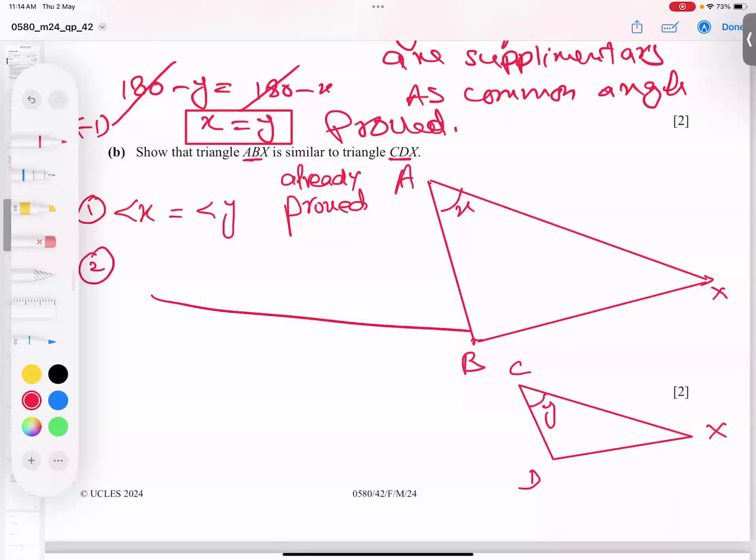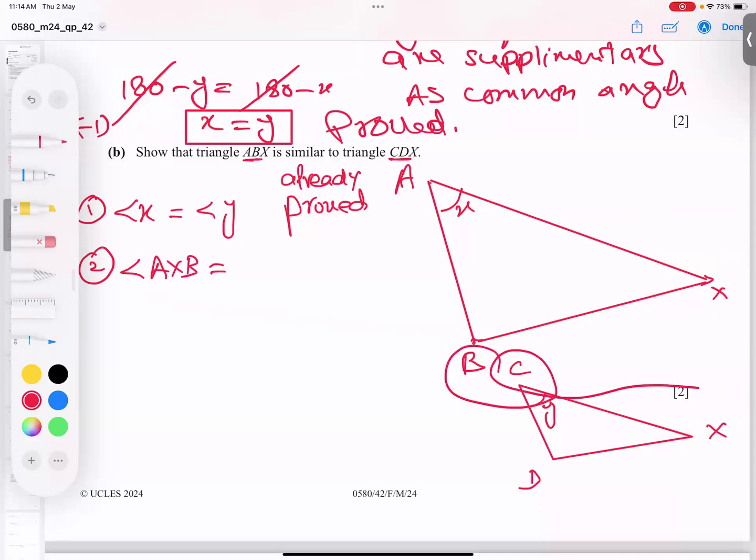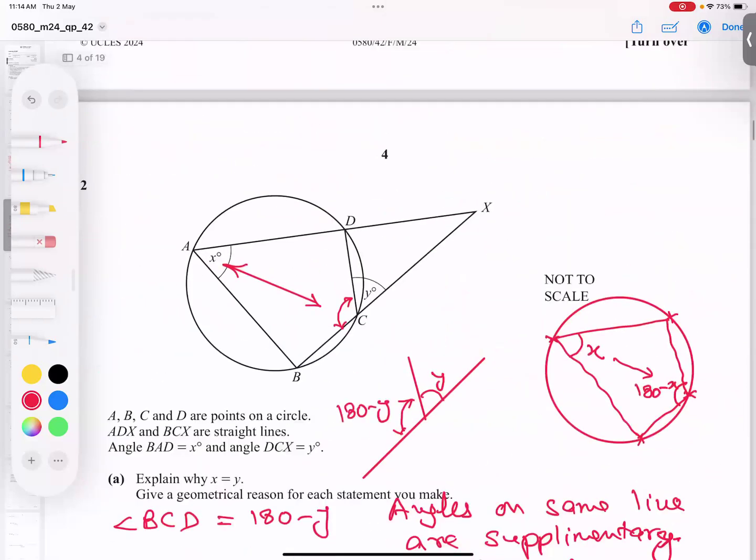Number two, you can see this angle X, same angle X. This is AXB, is BCXD. And what is the reason? The definition is common angle. How can we say common angle? I can show you that whichever triangle I make, this is common in both triangles.